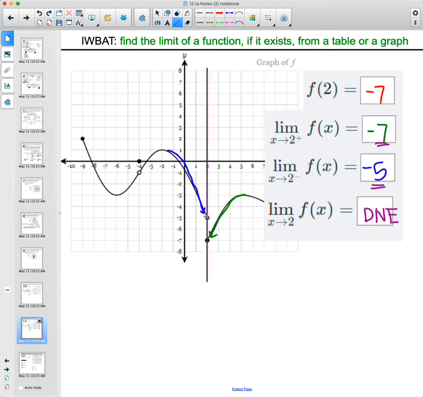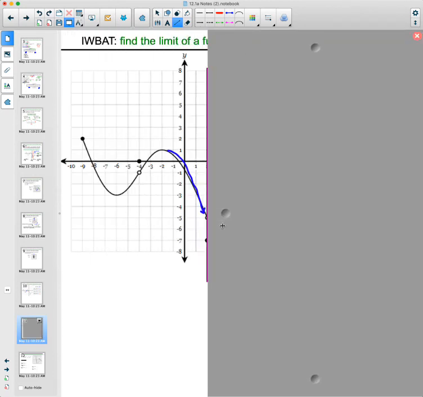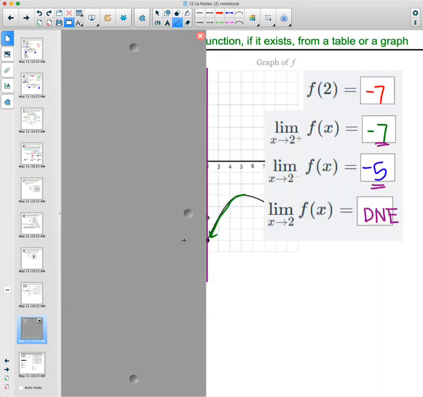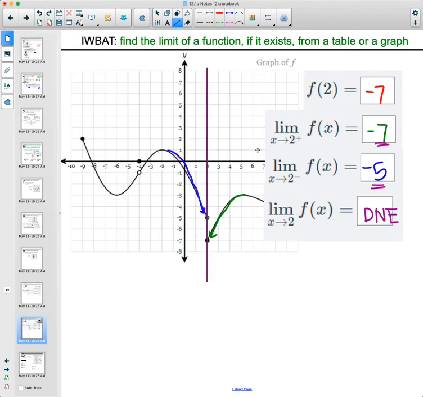So the left side is ending at -5 as a height, and the right side is ending at -7 as the height. So then the overall limit does not exist since they're going to different heights.